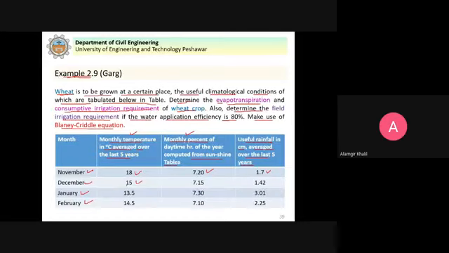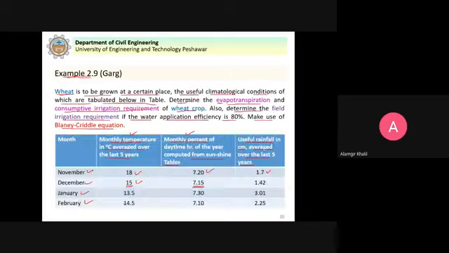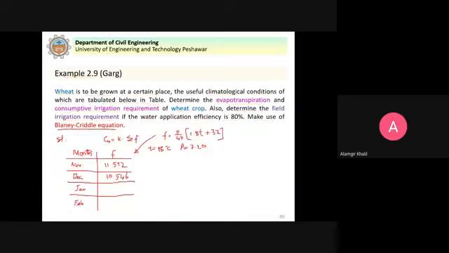Now next for December, we have the temperature as 15 and we have the P value as 7.15. So if you put in the above equation, this comes out to be 10.546. Similarly, we go for temperature 13.5 and then P 7.30.